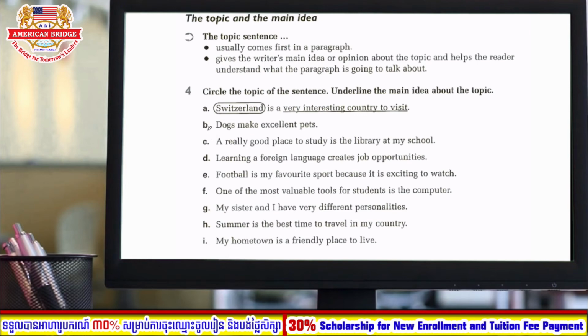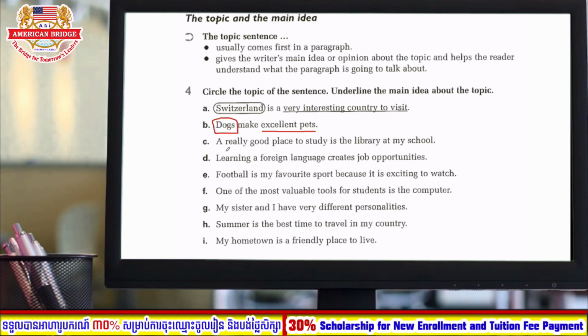Moving on to sentence B, dogs make excellent pets. So the topic of this sentence must be dogs, so we need to circle this. Dogs make excellent pets. Excellent pets, right? So excellent pets is the main idea which describes the dog.